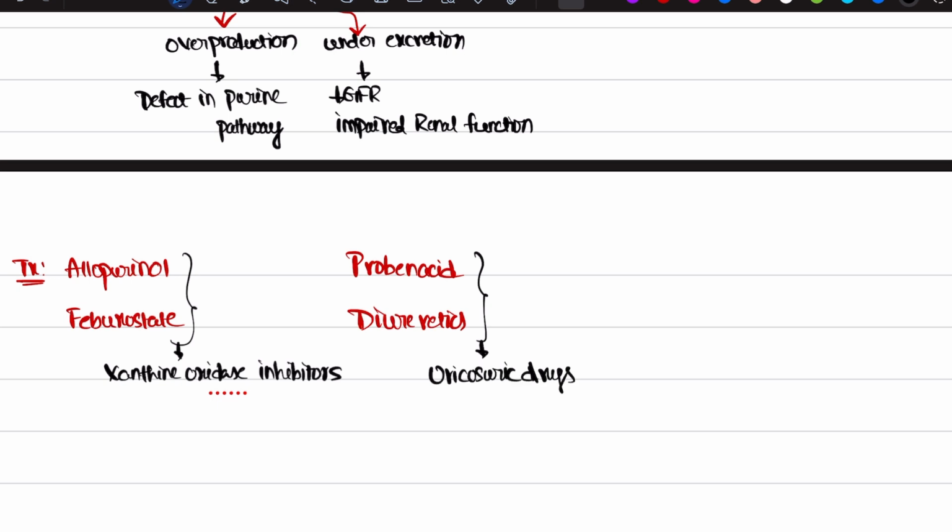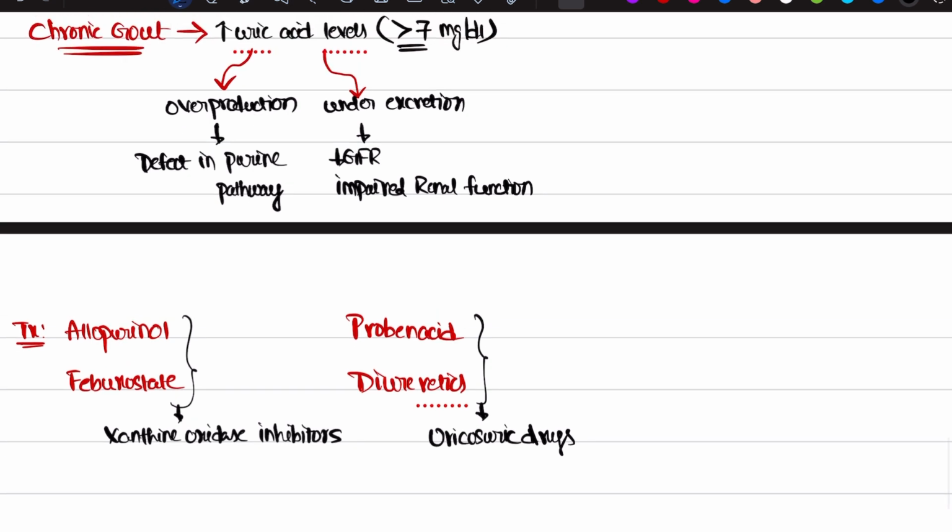So what does uricosuric mean? These drugs will increase the urine production and further elimination of more uric acid in the urine, which further decreases the uric acid levels in the body. This is how we are going to treat the patient.